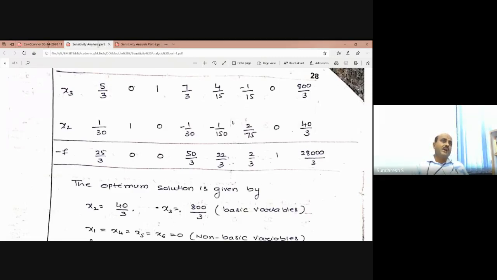Okay, next x2. For x2, it is a new element, where new element is equal to old element minus pivot column element into new pivot row element. Use such a formula and calculate and fill the table column.